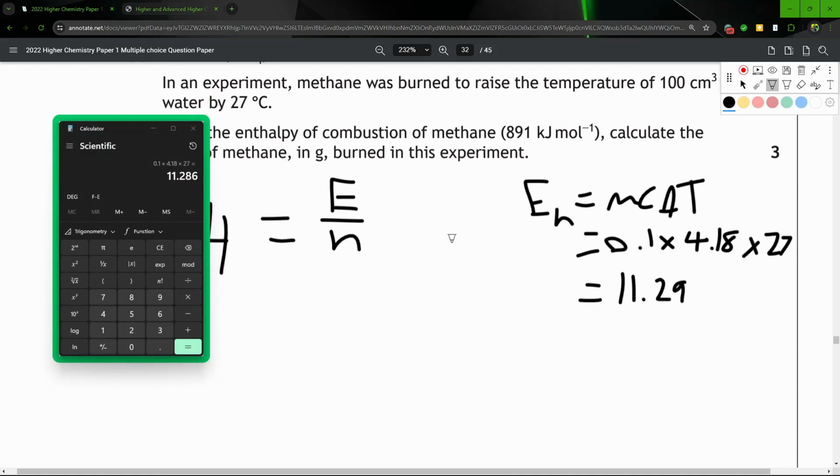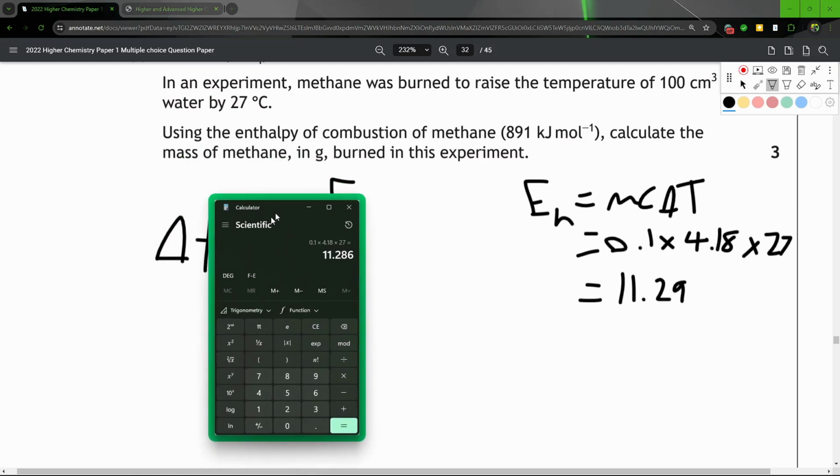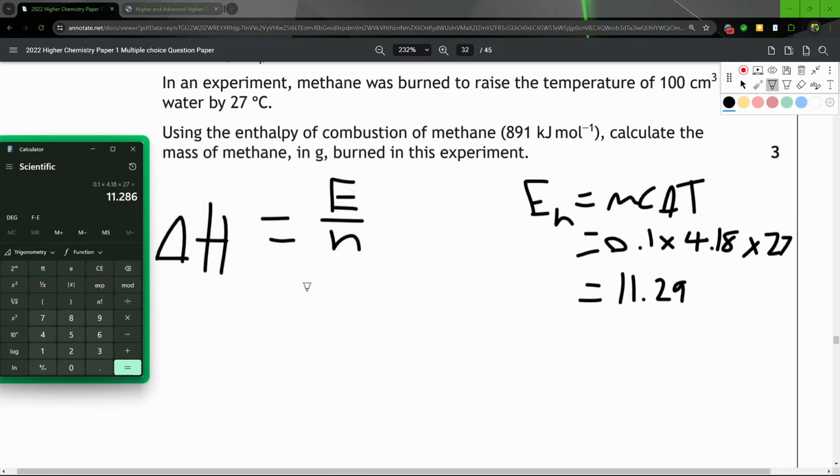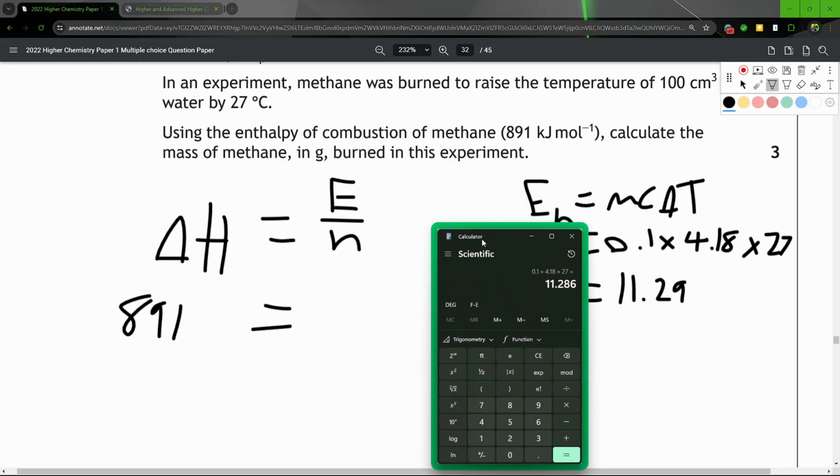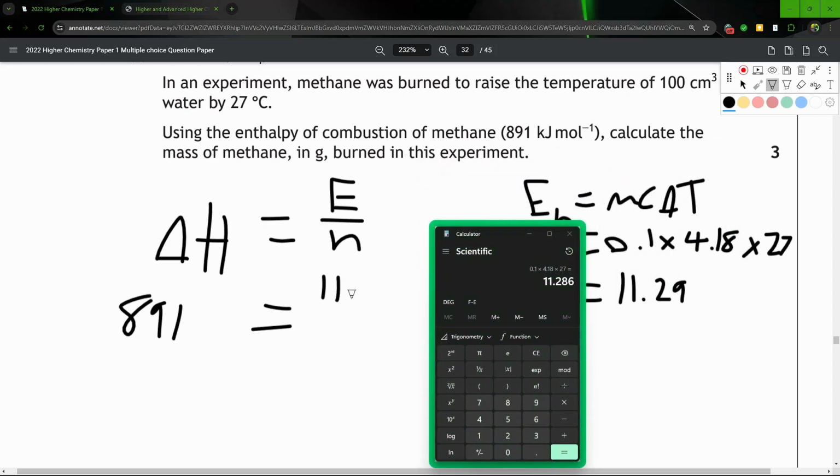We'll round it for now. But remember, keep this in your calculator, only round at the end. I'm just rounding down for your convenience. And then it says that the enthalpy of combustion of methane is 891 kilojoules per mole. And then we know that the energy produced by this reaction is 11.29 kilojoules. So now we need to figure out the number of moles.